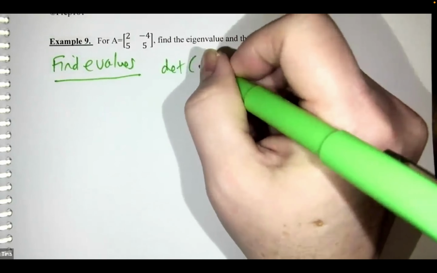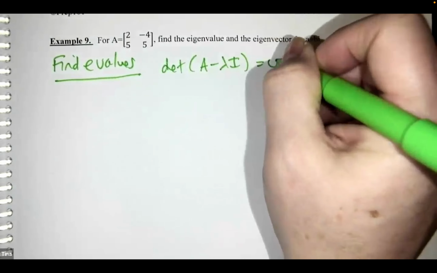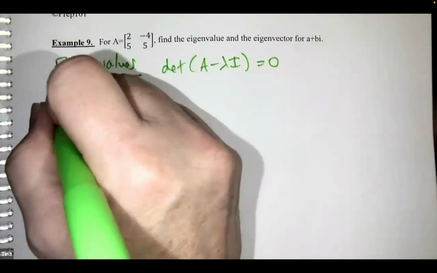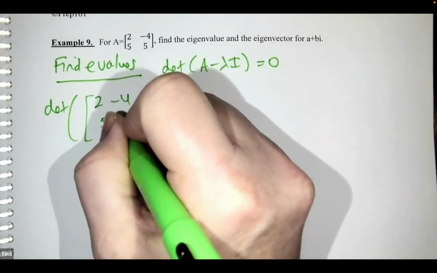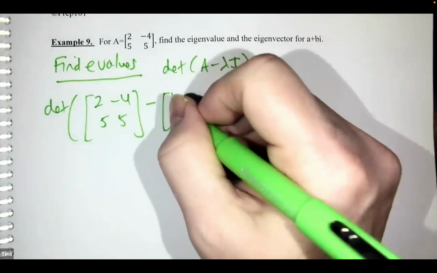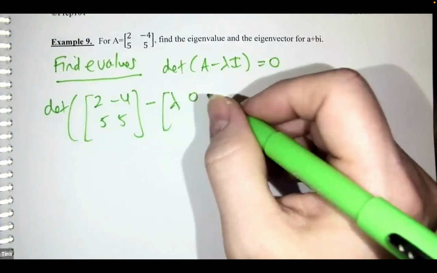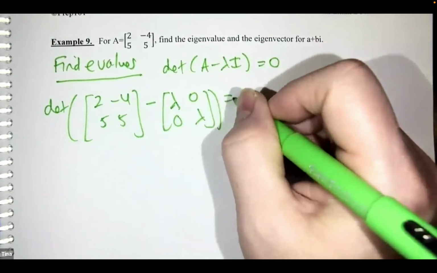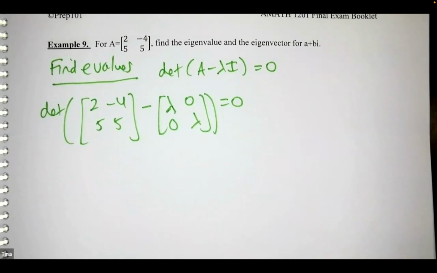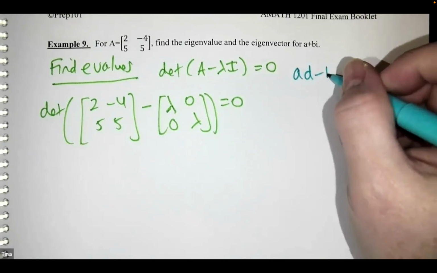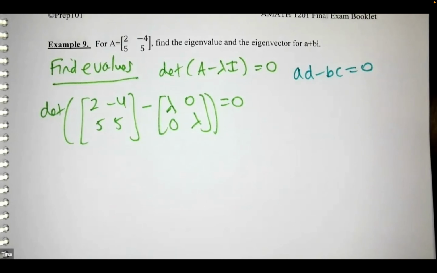Okay, so if we've got our determinant of A minus lambda I equals 0. So determinant of A, so 2, negative 4, 5, 5, minus lambda times I, so lambda 0, 0, lambda, equals 0. So don't forget, the 2 by 2 formula is just AD minus BC for the determinant.